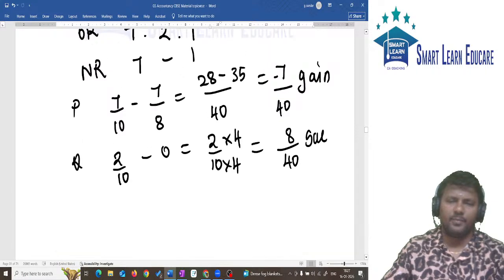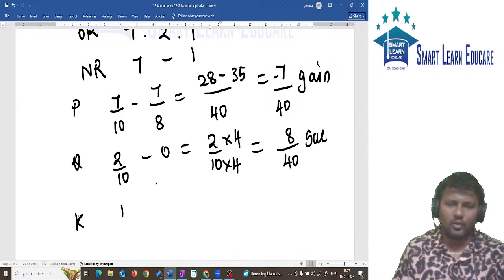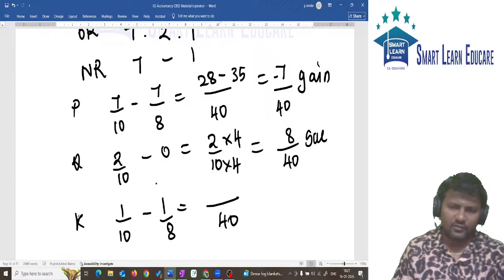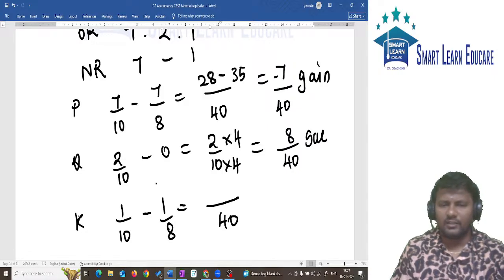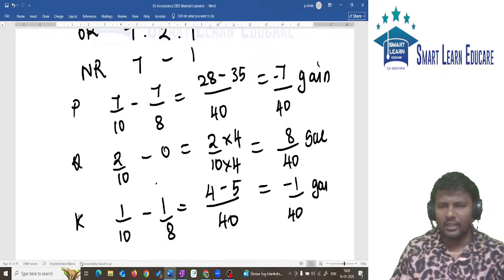Next, partner K. Old ratio 1 by 10 minus 1 by 8. LCM is 40. 4 minus 5 will give you minus 1 by 40. This partner is also gaining.